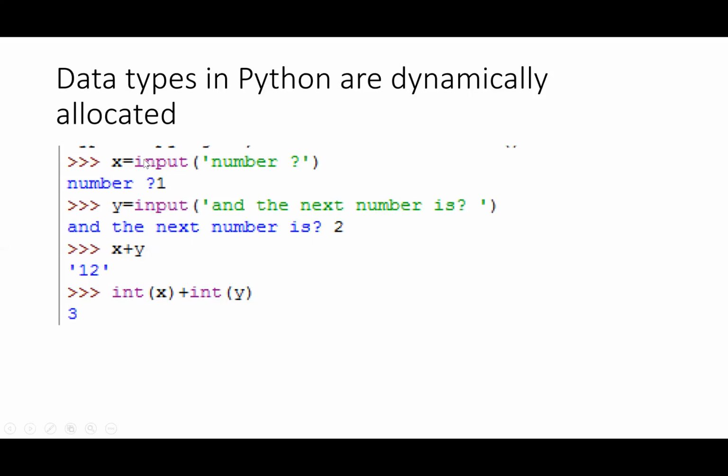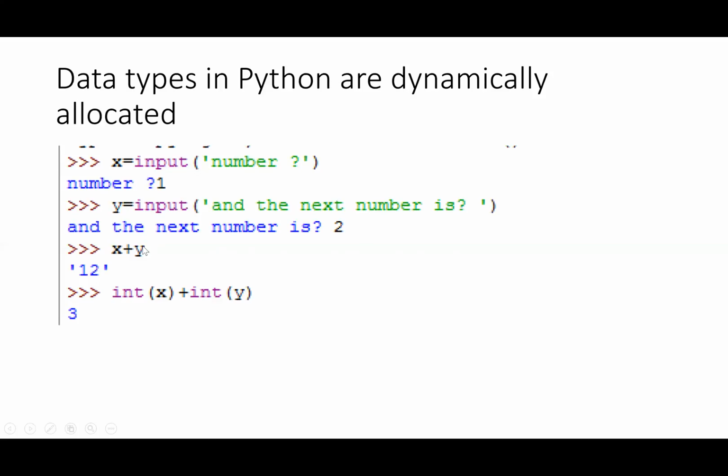Why is that? Because input from the keyboard is always assumed to be a string. And so this 1 wasn't the number 1, it actually was a string '1'. And since you can't add strings together, the plus sign here then becomes the concatenation operator, and it says put string '1' and string '2' together, and so it puts out '12'.